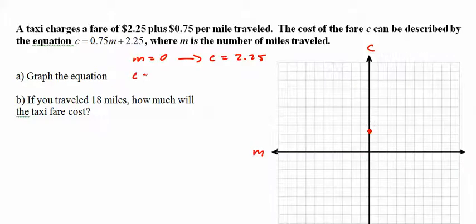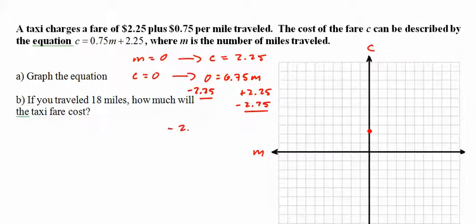When c equals 0, m equals, tricky, 0 equals 0.75m plus 2.25, minus 2.25 minus 2.25, negative 2.25 equals 0.75m.